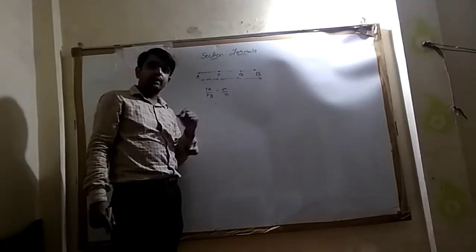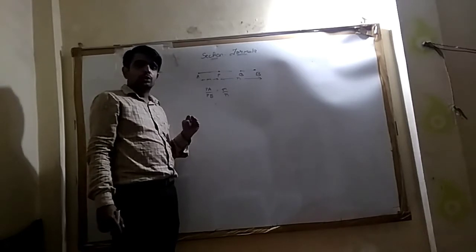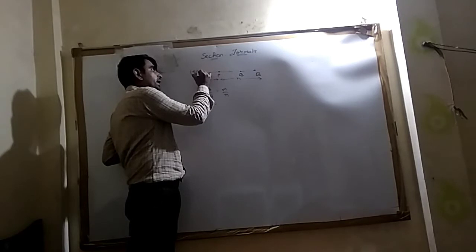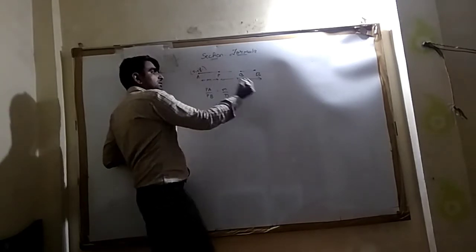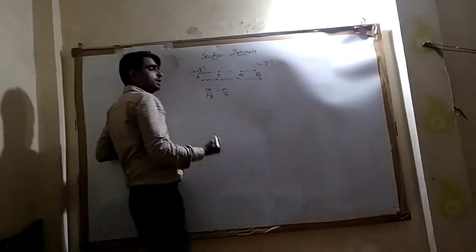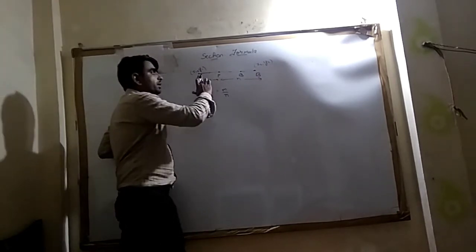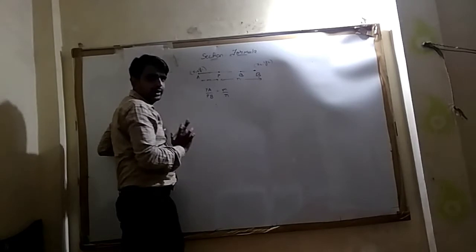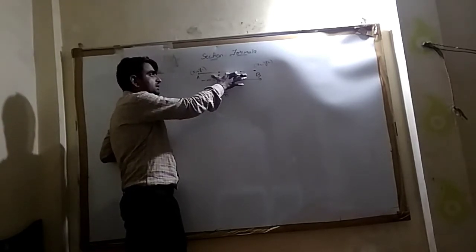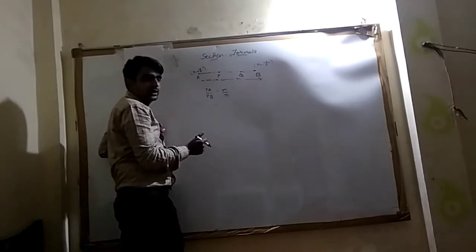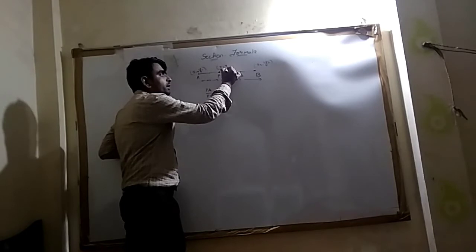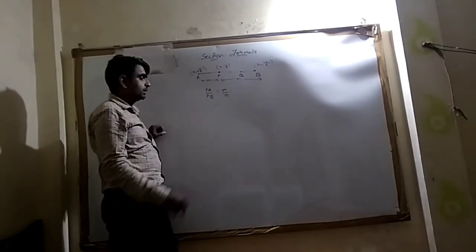So if we have the ratio and we know the coordinates of A and B, and I know the ratio in which this point divides this line segment, then I can find the coordinates of this point P.